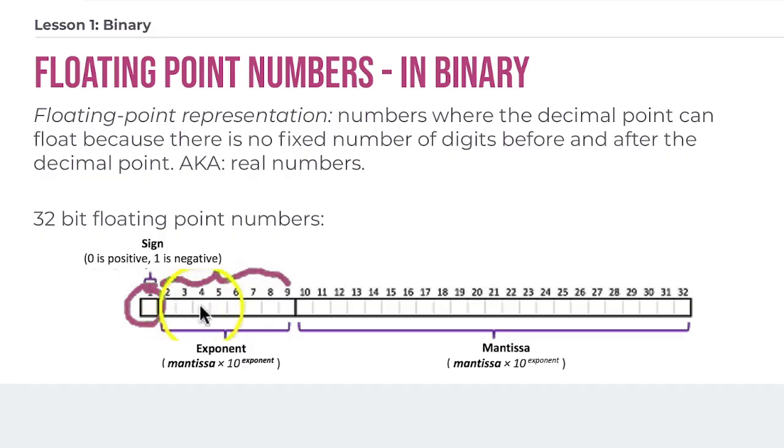This could be a really big or a really small number depending on whether it's positive or negative. And then these digits right here represent whatever number is being multiplied by this 10 to the whatever. And again, look at how big that can be. So this can represent a really small number up to a really large number.